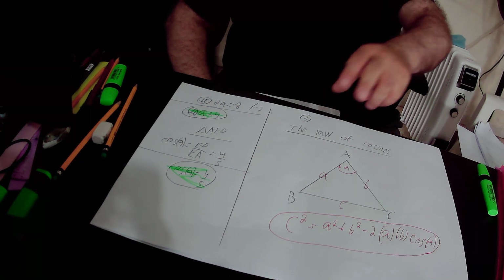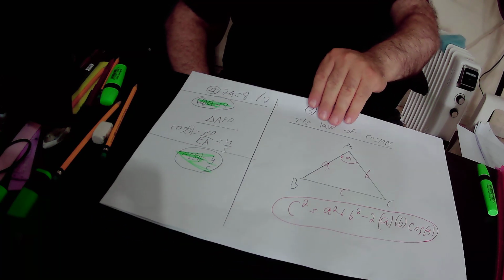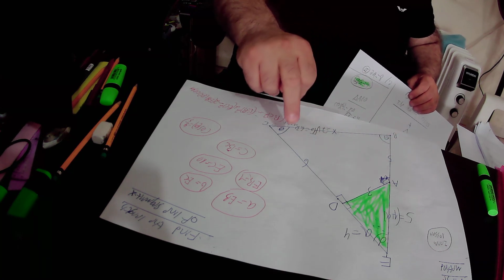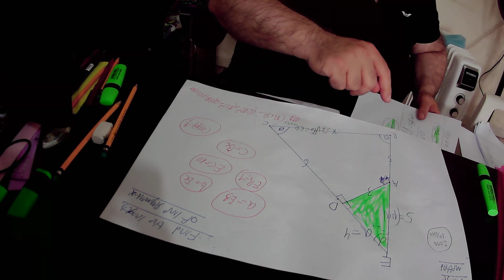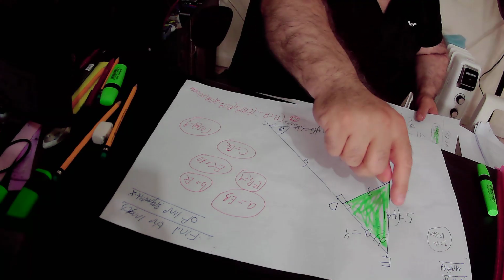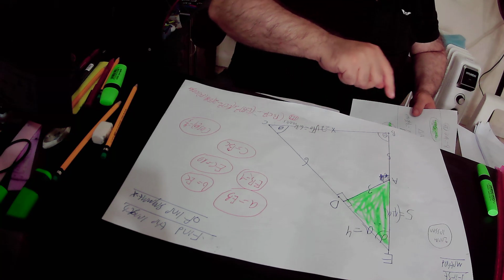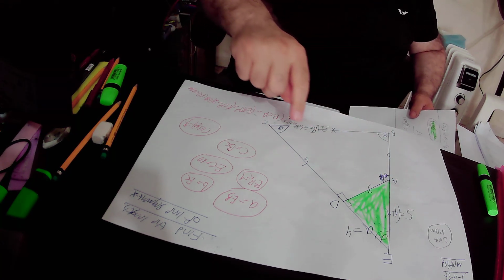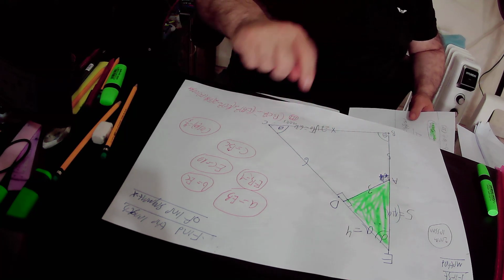Therefore, we used the law of cosines in our big triangle EBC. A equals EB, but EB also equals 5 plus 5, that is 10. B equals EC, and EC equals 4 plus 6, that is also 10.